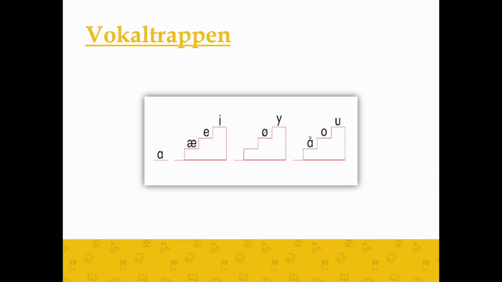Same for the letter U, that becomes O with two consonants, and O becomes Å with two consonants after this vowel. So this is the principle of this vowel staircase. So try to memorize this picture in order to know how to pronounce the vowels, depending on whether they have one consonant following them or two consonants.